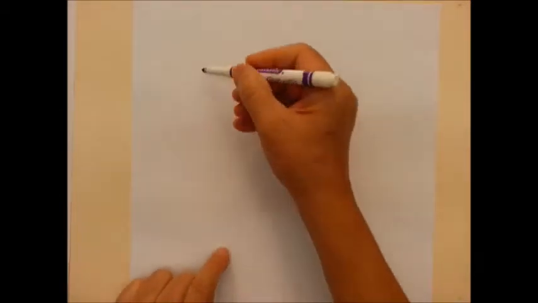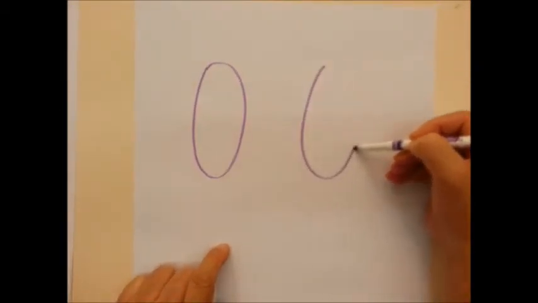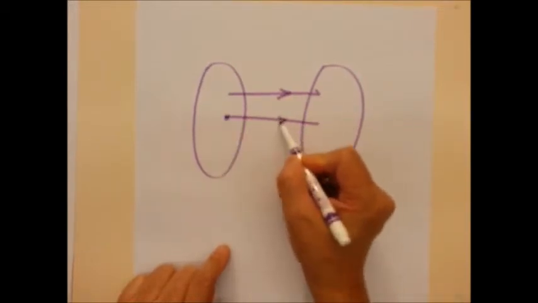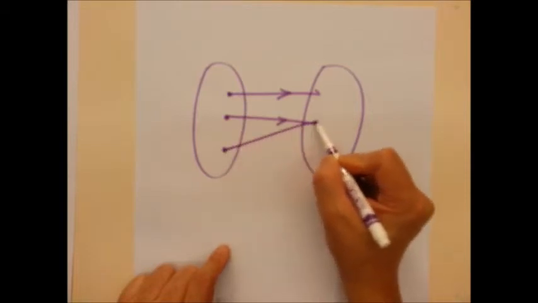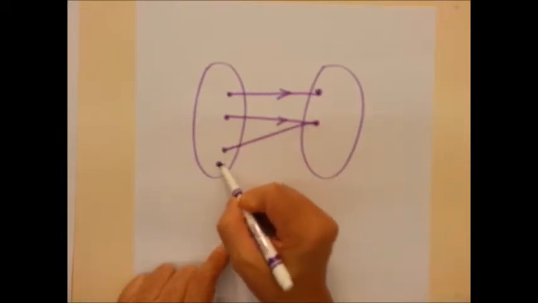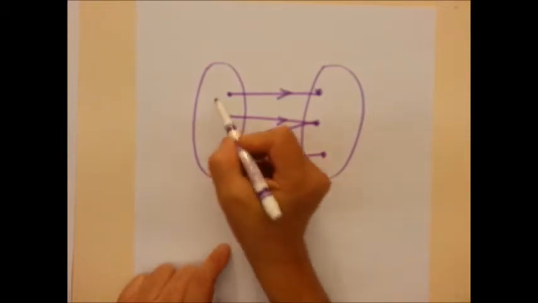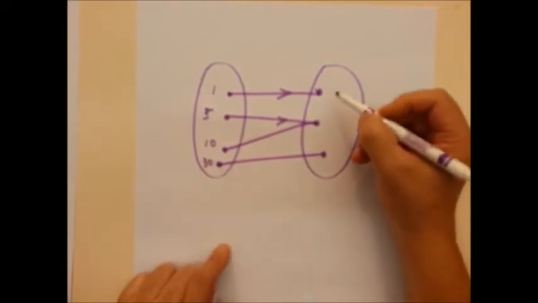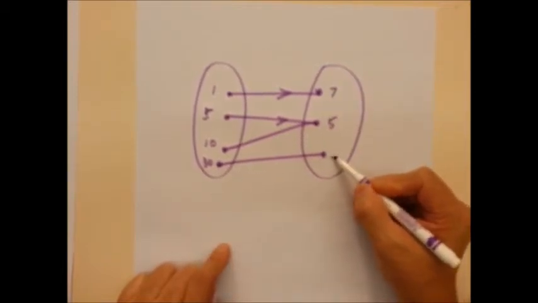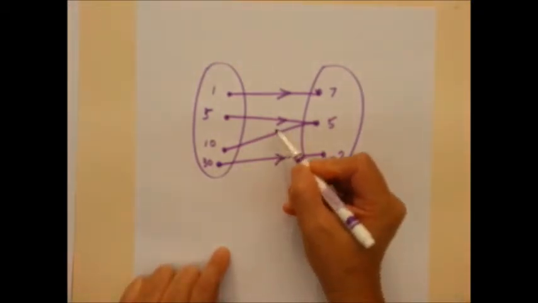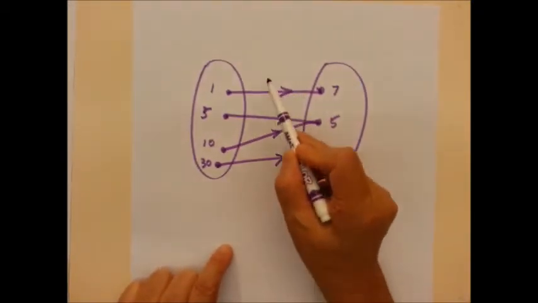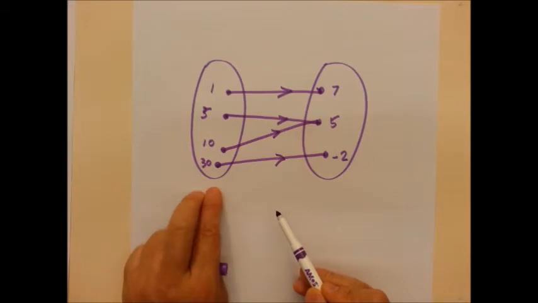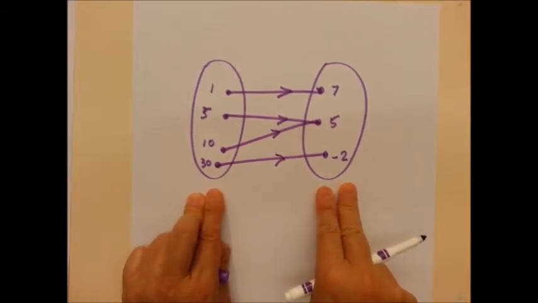Say 1, 5, 10, and 30. Here's 7, 5, and minus 2. Now, the lines and the arrows here mean the machine. Is it a function, with an independent variable and a dependent variable?